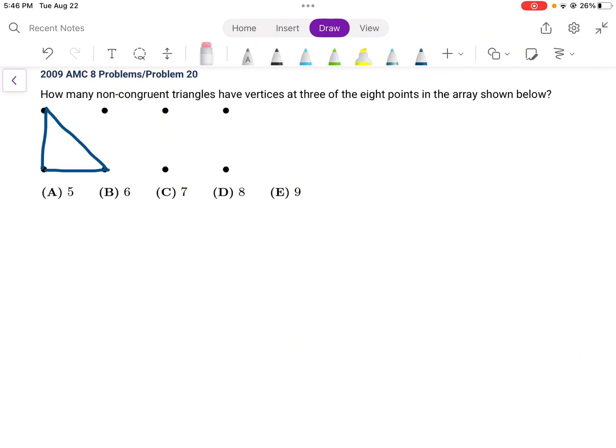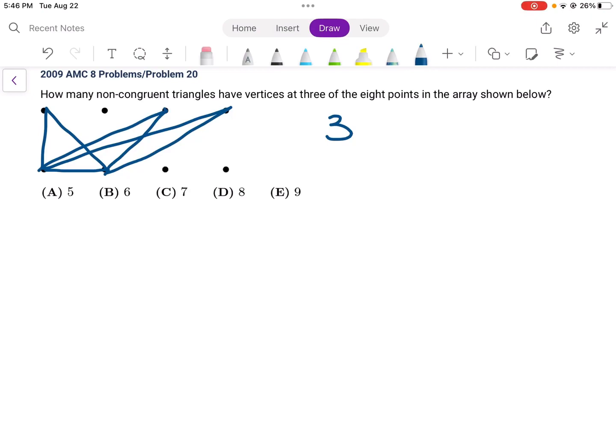And another option is the other vertex is on here. And another option is like this. Therefore, there are 3 options for the bottom length 1.